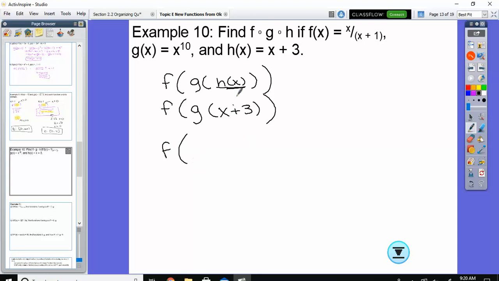So now I have to plug that into g. So g is whatever you put into the 10th power. So it's x plus 3 to the 10th. Then I have to put that into f.